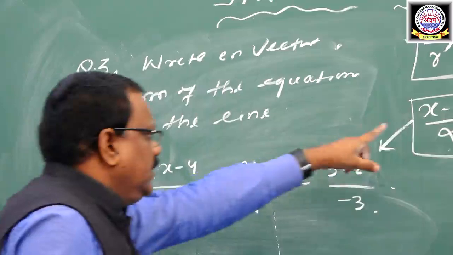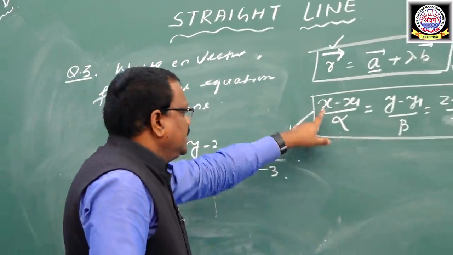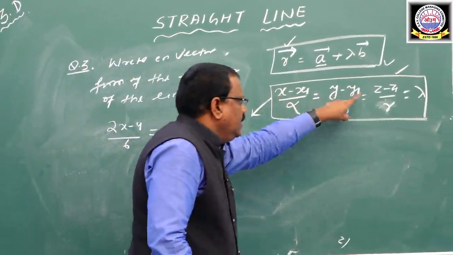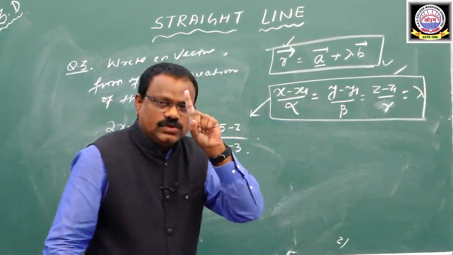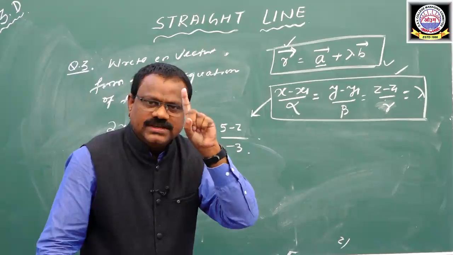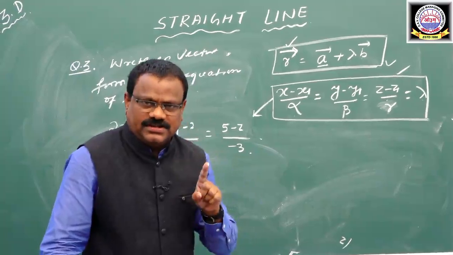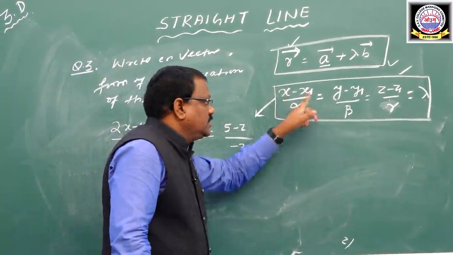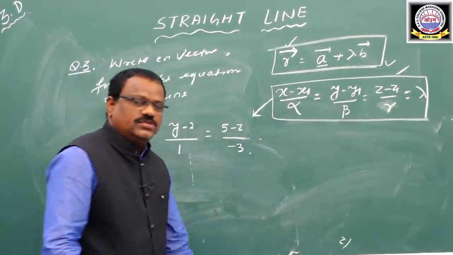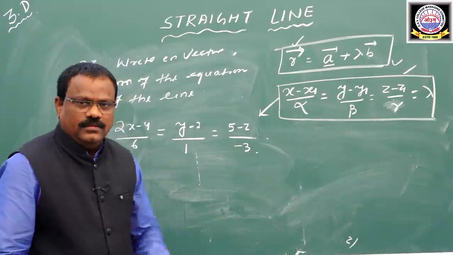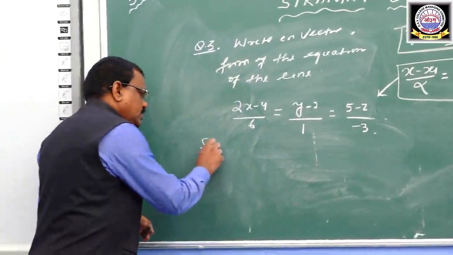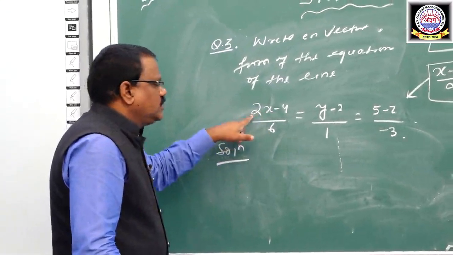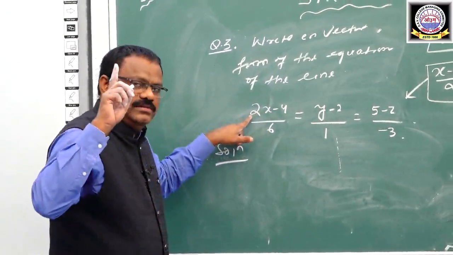You just compare the Cartesian. In Cartesian, the coefficient of x, y and z are exclusively 1 because x, y, z is the locus points. If you bring to the standard form, the coefficient of x, y, z should be exclusively 1. But you see the question. In the question, the coefficient of x is 2. It must be made 1.